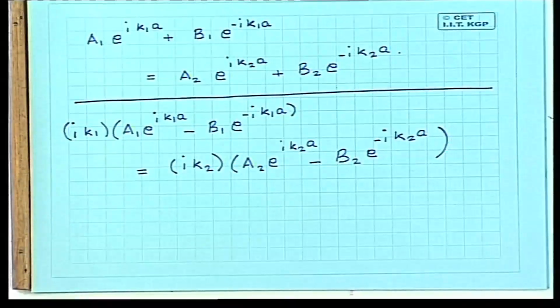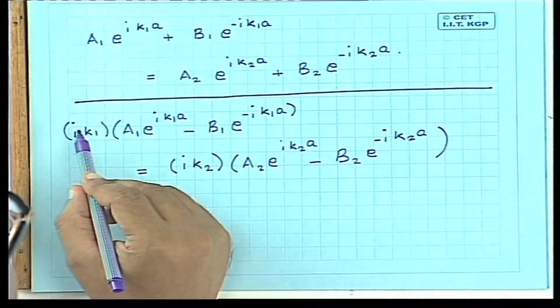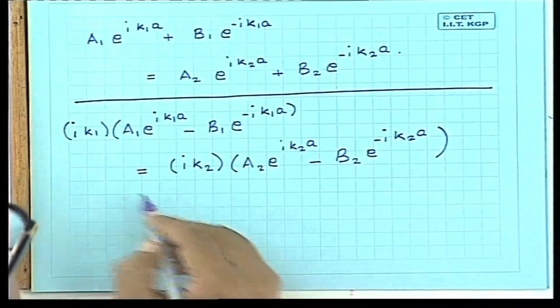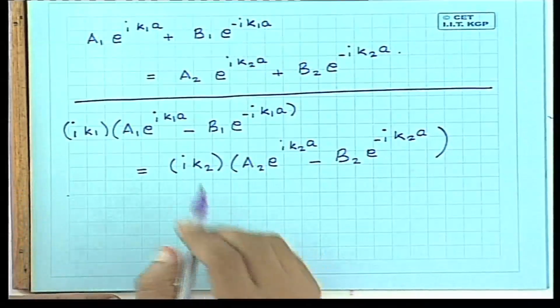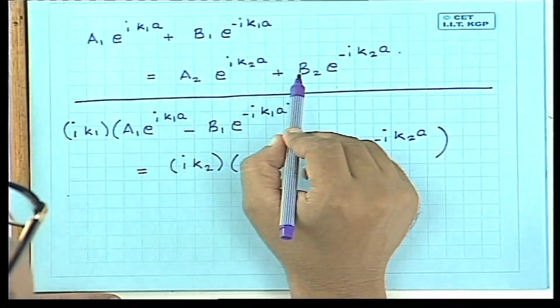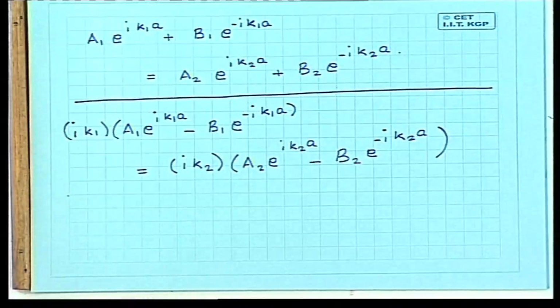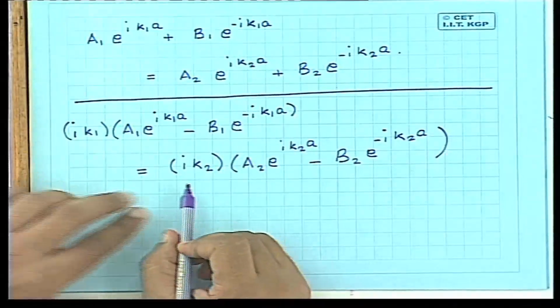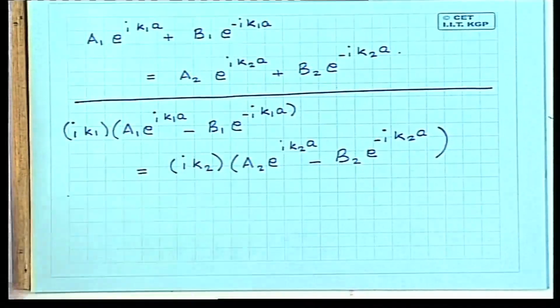In order to work out this relation, we want to express A2 and B2 in terms of A1 and B1. So let us see how to go about doing it. Let us divide throughout by i k2.